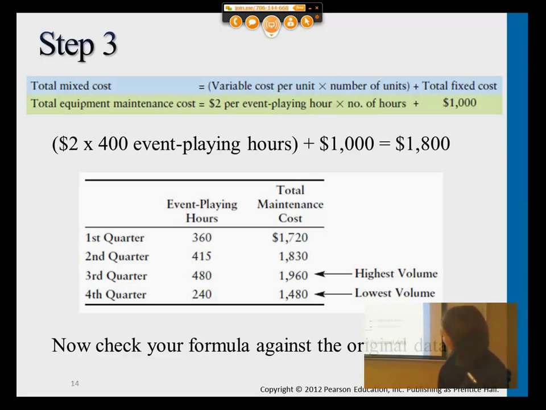But then it's also right below the second quarter, which is 415, and that was 1,830. So it looks like it makes sense, right? So that's how you would be calculating this. So what did I do with the 3 steps? I found with my high-low method how to separate the cost, right?